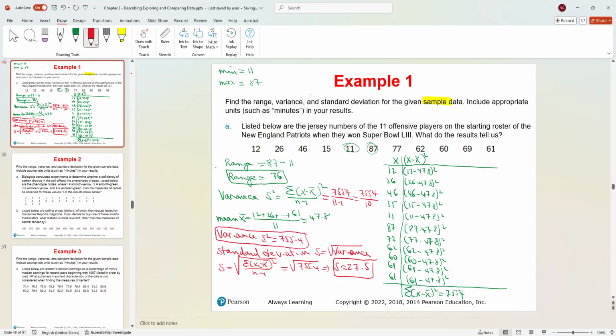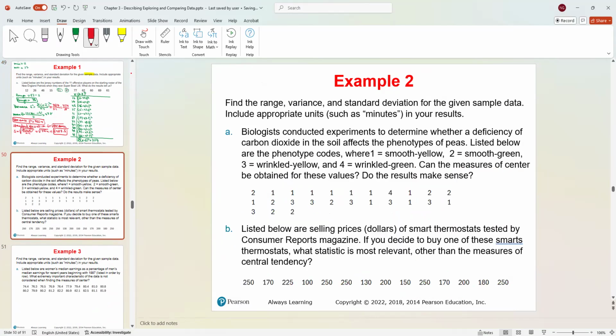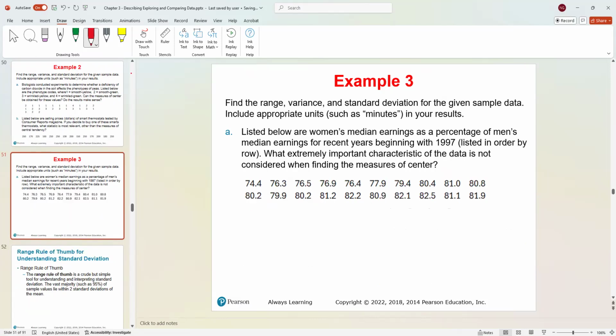Your tables would just be longer, and the deviations would be longer, because you always need to subtract the mean from each x value, then you raise it to power 2. That's why I'll leave you with all this data, and you can do it on your own.